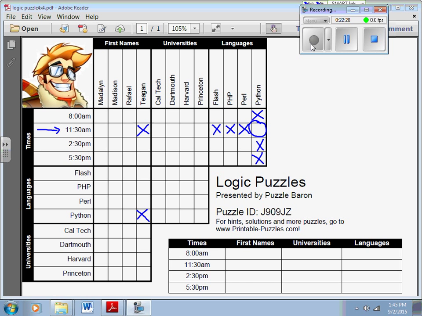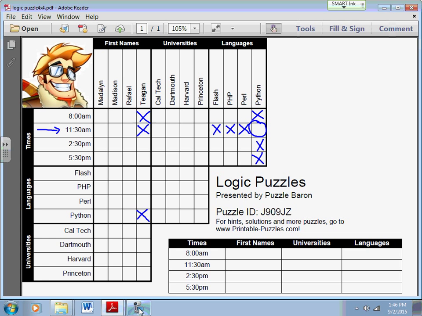No. You guys with me okay right there? Anything else that we can use from this clue to help us fill anything else out, either an X or a circle? The Python programmer arrived earlier than Tegan. Anybody else see anything else we can fill in just from that clue?